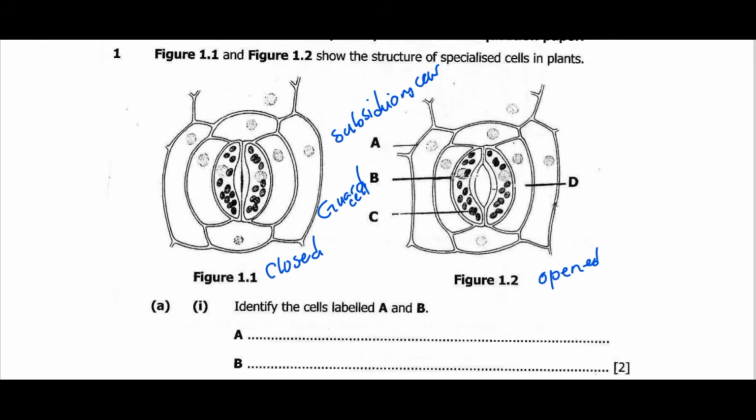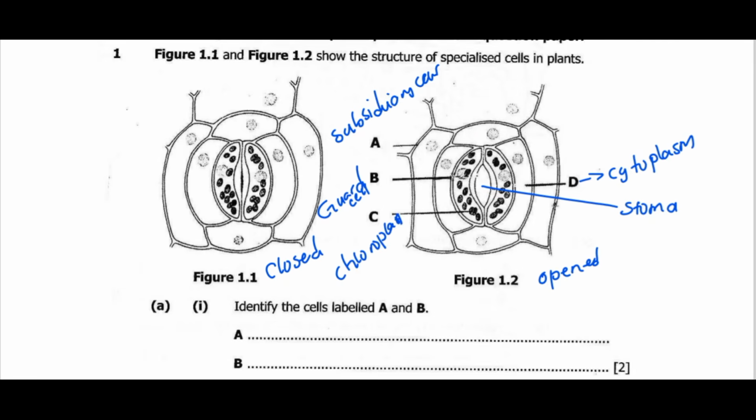Then this structure we can see is a stoma, singular, the stomata plural. D, we can see that D is the cytoplasm. Then our C will have chloroplast.